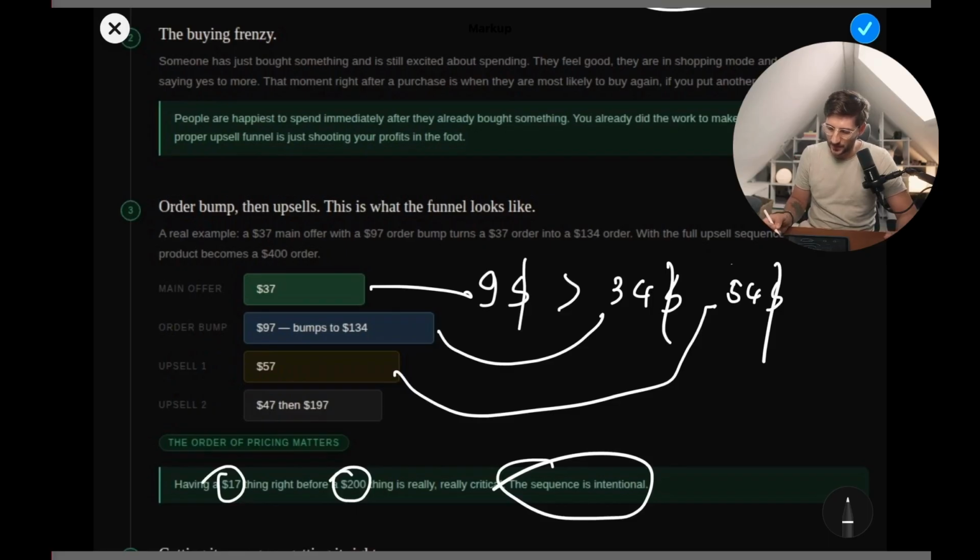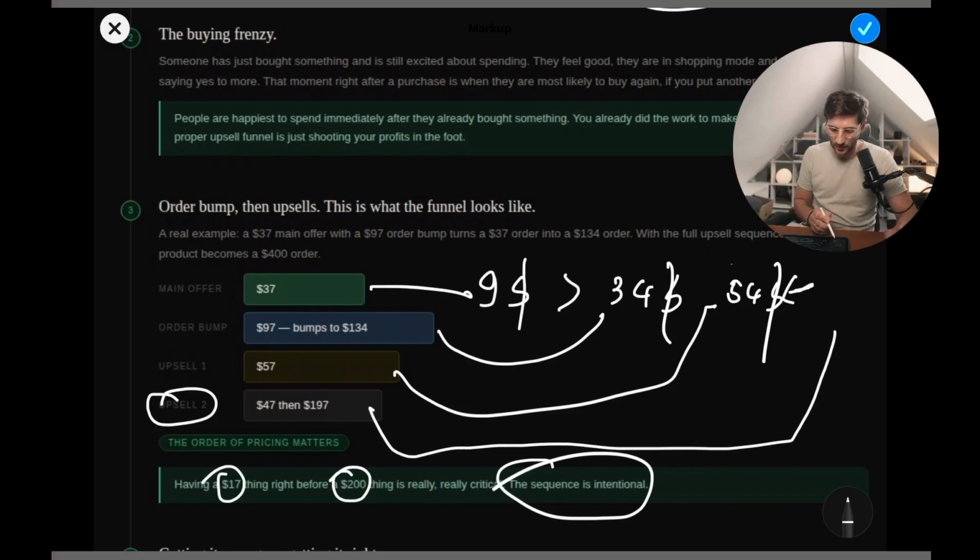And then if they think this 54 is too much, although it solved the problem, it's too much, they can go to a downsell, not an upsell here. You can also do upsell if you just want to go up. But if they thought 54 is too much, you can go to a downsell of 40 something, 40 plus, let's say.